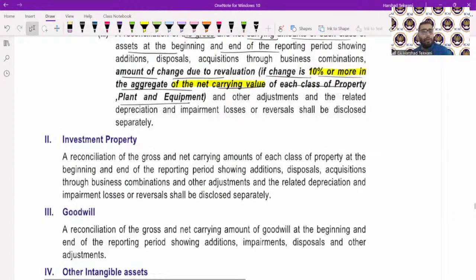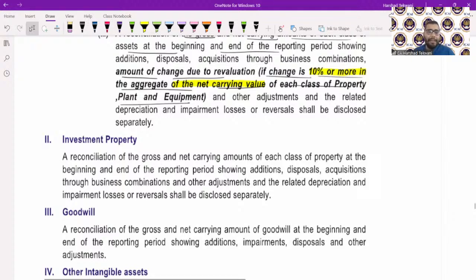These I am required to disclose. Same way we saw just now for plant property and equipment, nothing different. Goodwill, again same: a reconciliation of gross and carrying amount at the beginning and at the end of the reporting period, addition, impairment, disposal and other adjustments. Same we saw for property, plant and equipment.